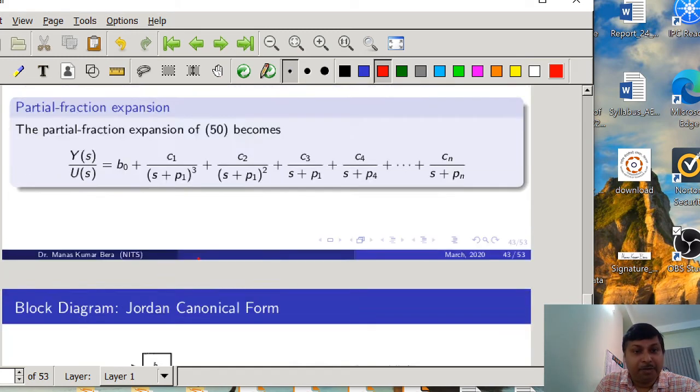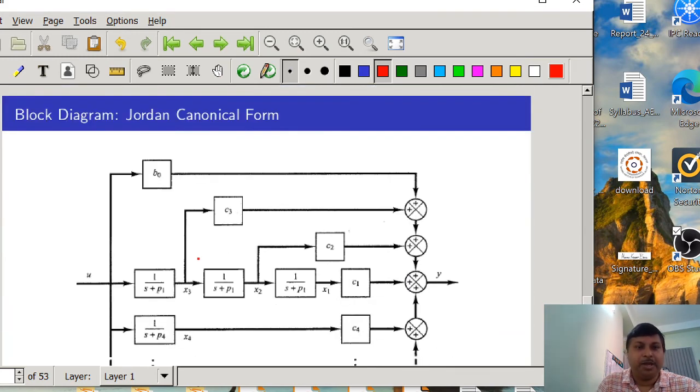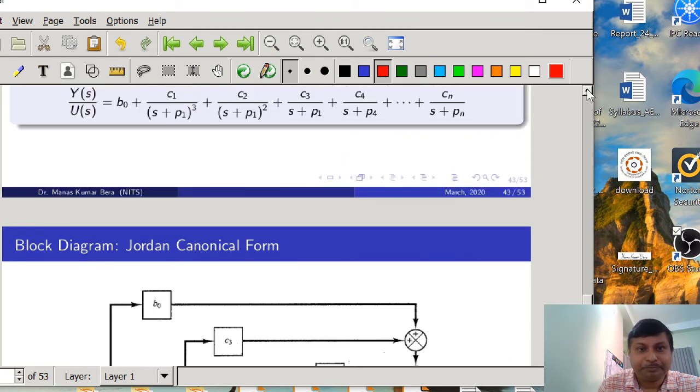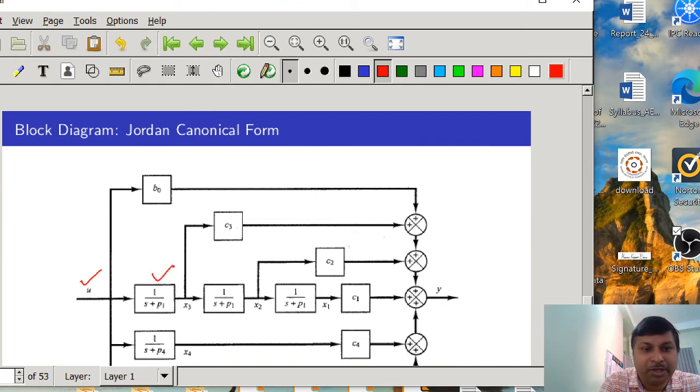We represent it this way: u input is there, then 1 by (s plus p1), again 1 by (s plus p1), 1 by (s plus p1), then c1. You see c1 by (s plus p1) whole cube. So these three blocks will be multiplied, and ultimately here we are getting c1 by (s plus p1) whole cube.